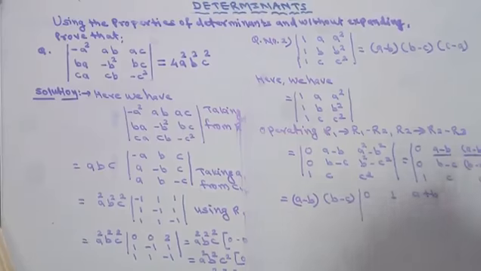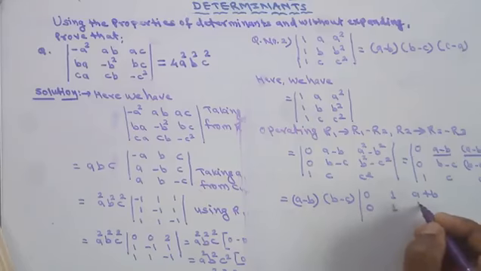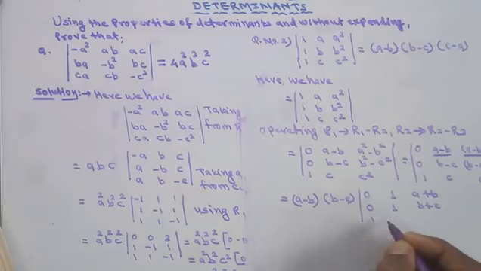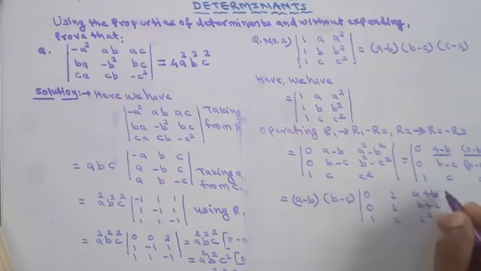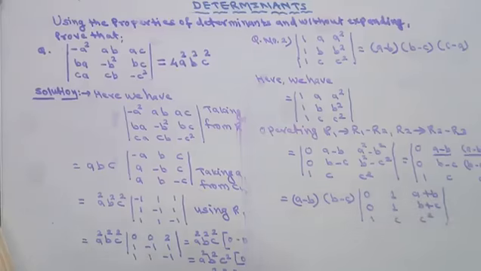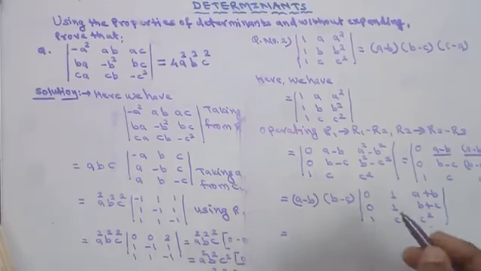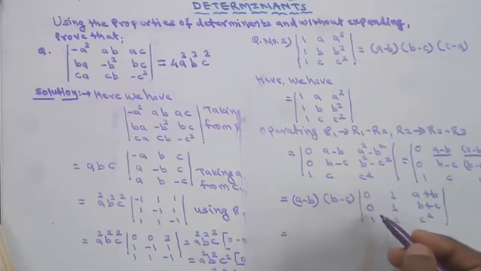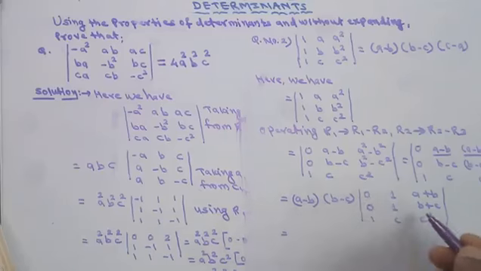Taking a minus b as common. Here you will get 0, this is 1 and this is b plus c. Then the next row is as it is: 1, c, c square. Then expanding with the help of elements of the first column. Here in the first column I am getting 0, 0, so I can expand this determinant along c1.